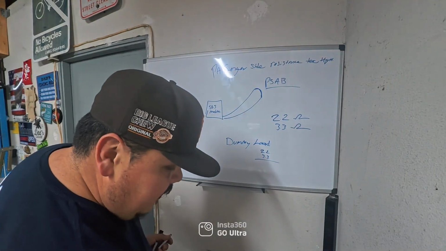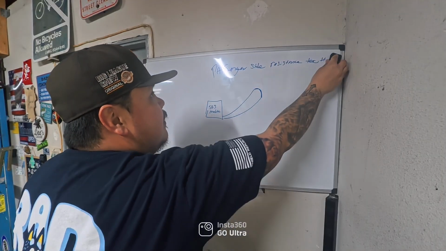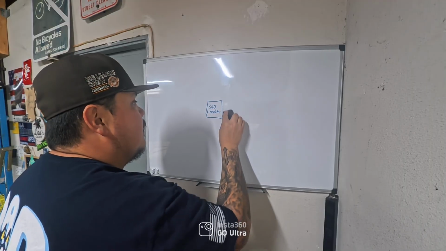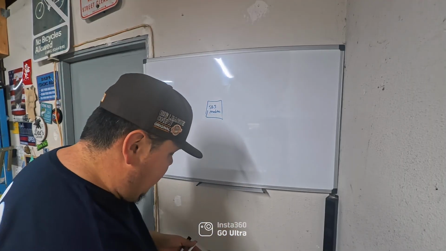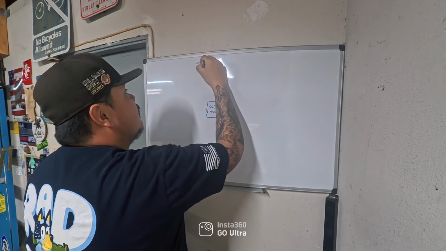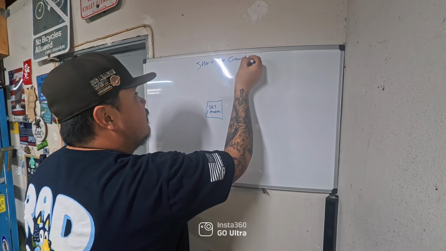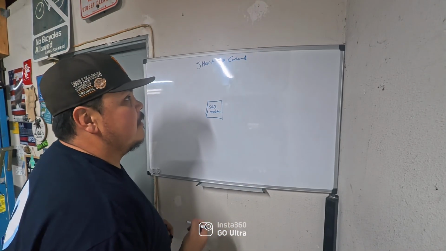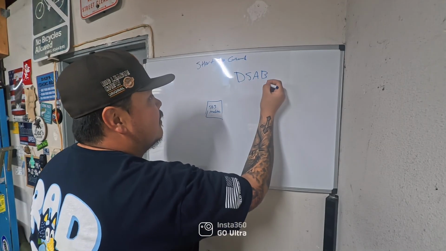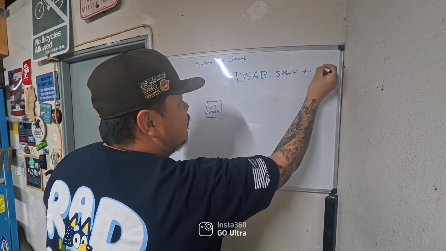Another type of code that's pretty common with Hyundais is a short to ground code. So we'll take driver side airbag short to ground.